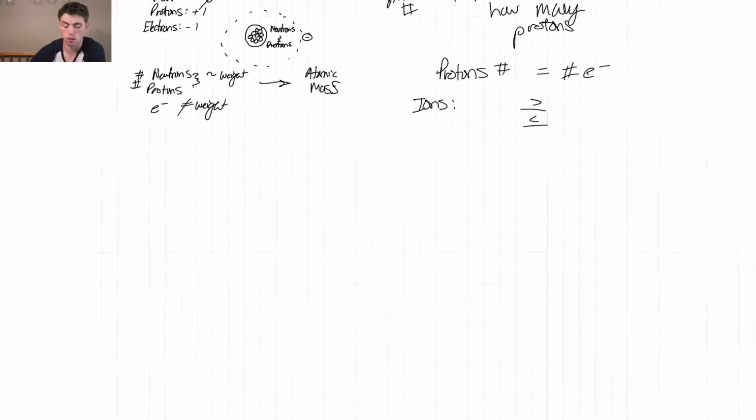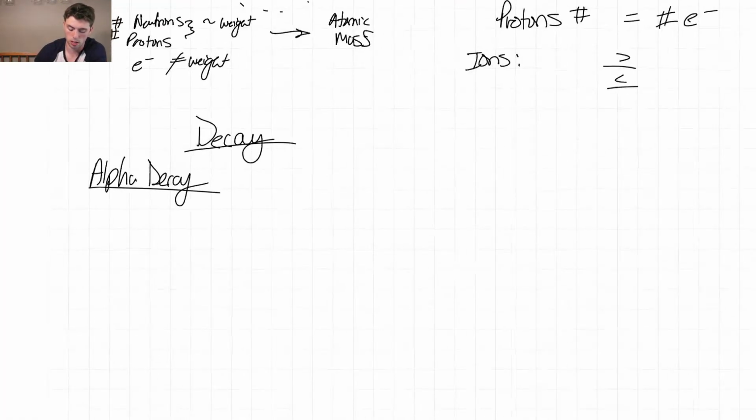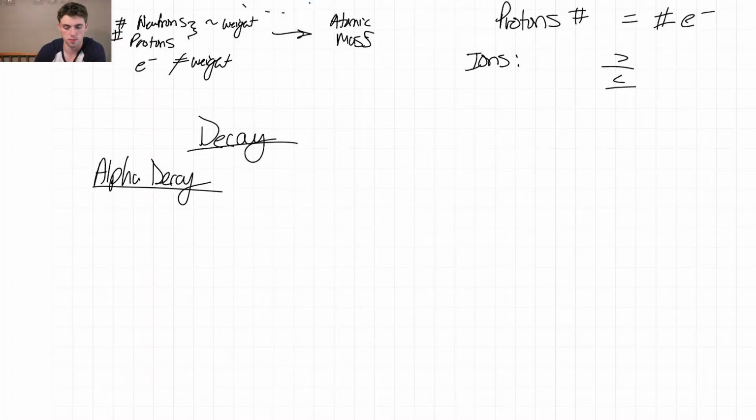However, when it comes to subatomic particles, what is important is radioactive decay. A lot of this is stable on its own. However, certain times, some atoms just aren't. And so a lot of these subatomic particles can be released, they can be accepted, and a lot of different things happen. If we start with alpha decay, and this is going to take me some time to get used to, because I'm reviewing, it's actually 2 protons and 2 neutrons being expelled, I believe.